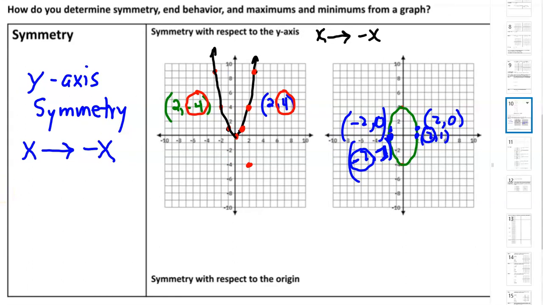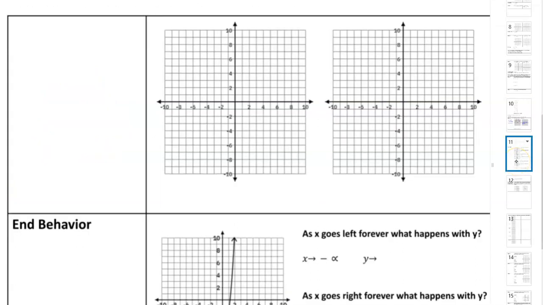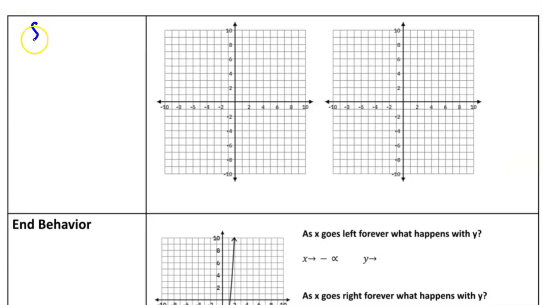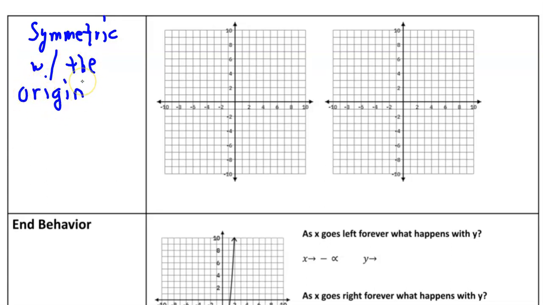Now the next one is symmetric with the origin. If it's symmetric with the origin, then both of them are negated.